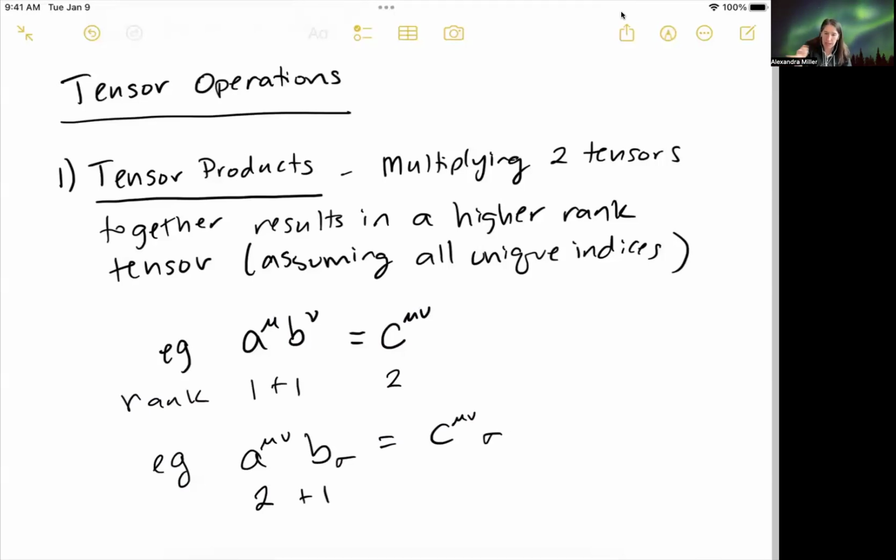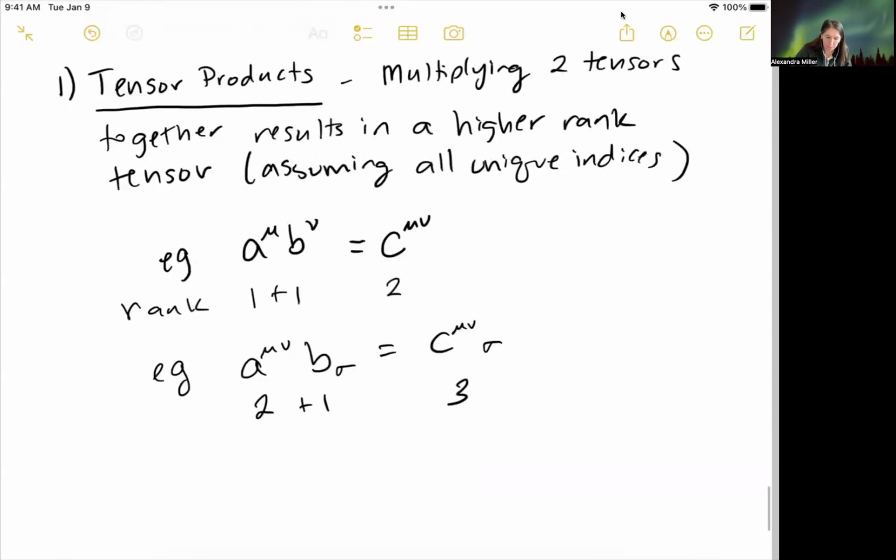Upstairs stay upstairs, downstairs stay downstairs. So this is going to be some rank 3 tensor. In general, if you are multiplying tensors together, you just add the ranks of those tensors to get the rank of the resultant object.